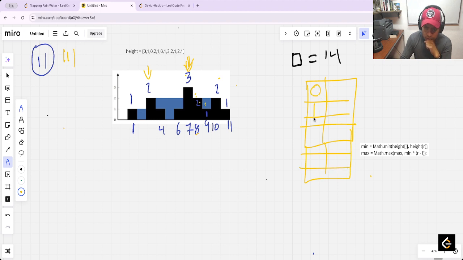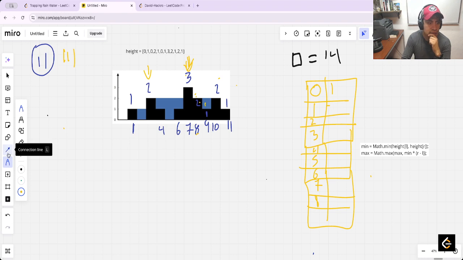The barrier 0, 1, 2, 3, 4, 5, 6, 7 is only 8. The first appears in the index 1, the next appears in the index 3, 4, 6, 7, 8, 9, 10, and 11.